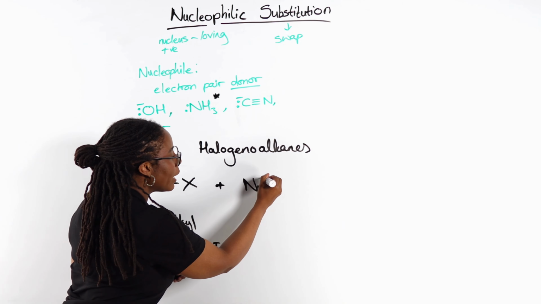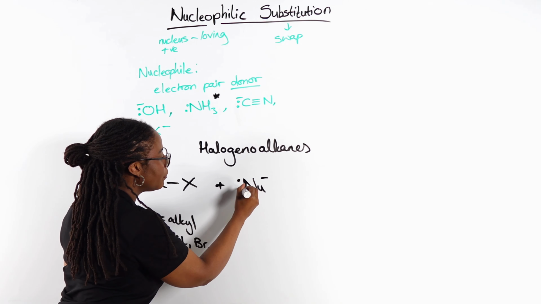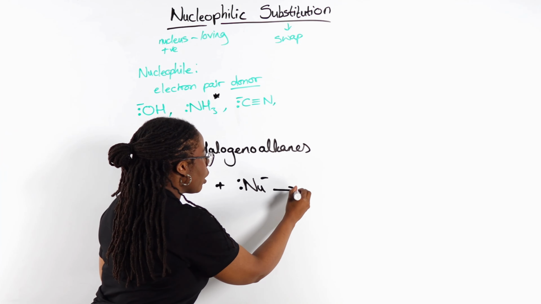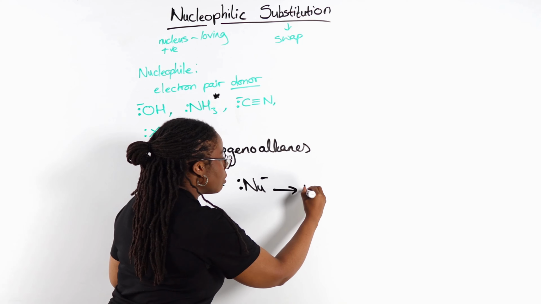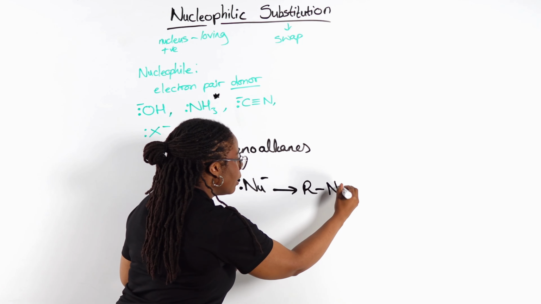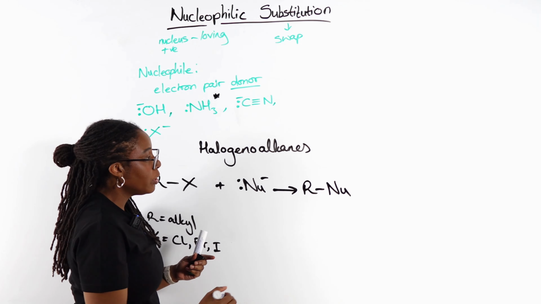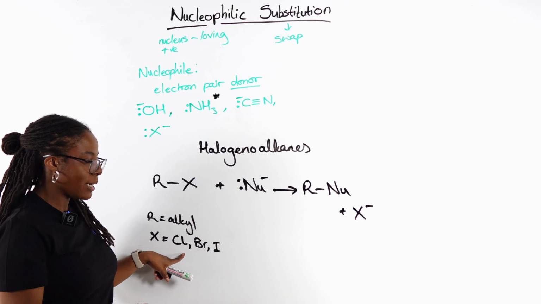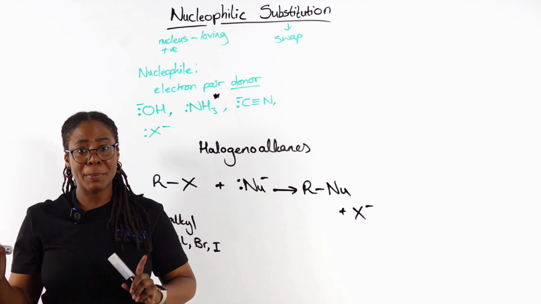But let's say we've just got a negatively charged nucleophile reacting with our halogenoalkane. We are going to substitute, so we're going to end up with R now attached to our nucleophile, and then we'll now have X-, where X- is Cl-, Br-, I-.